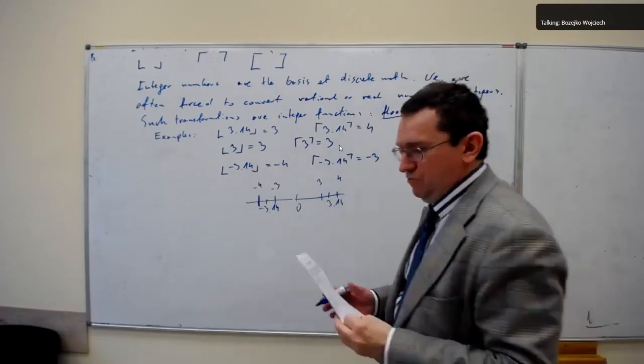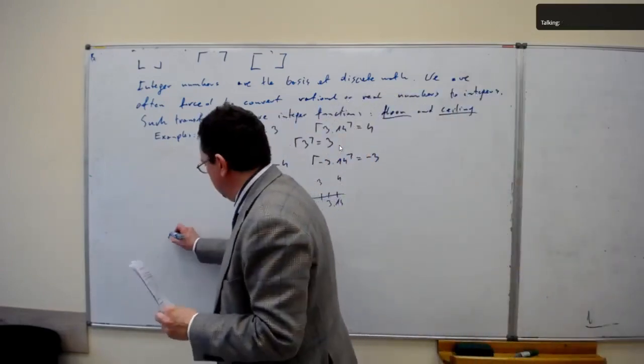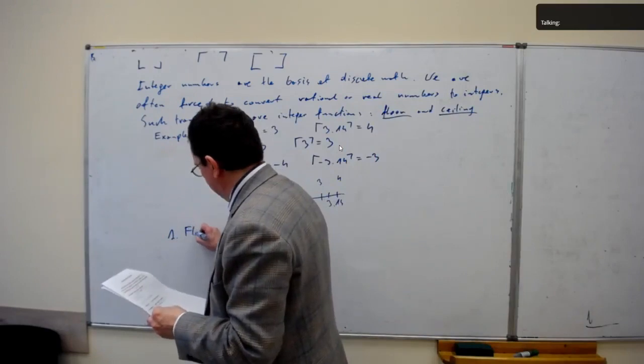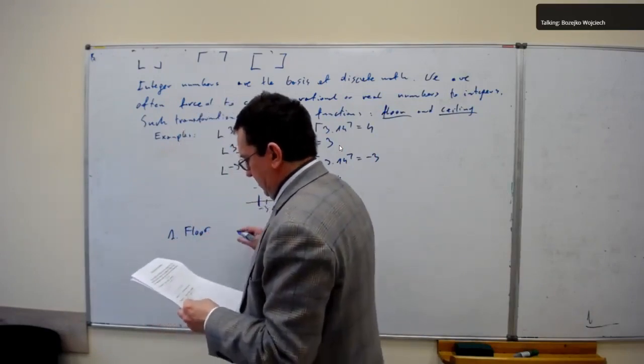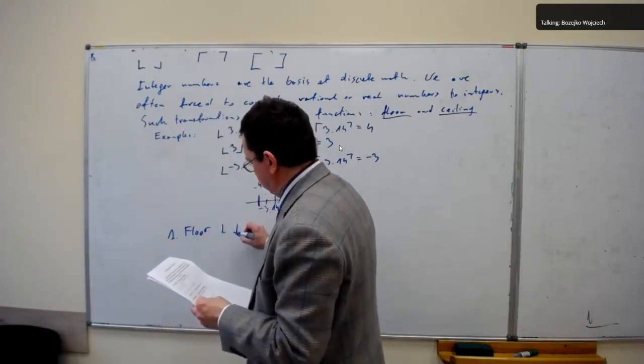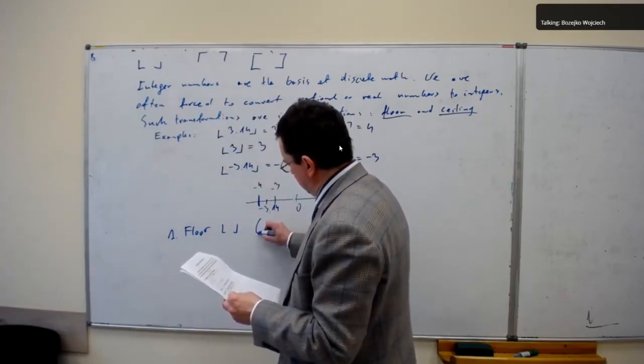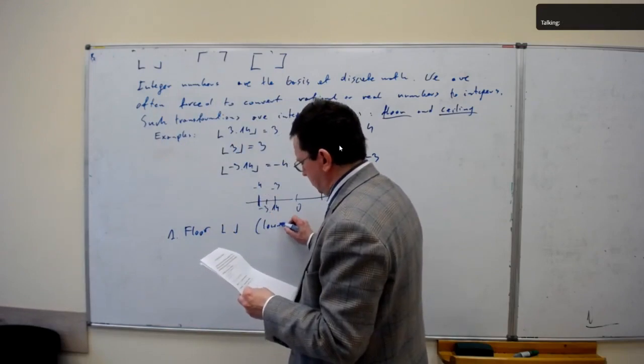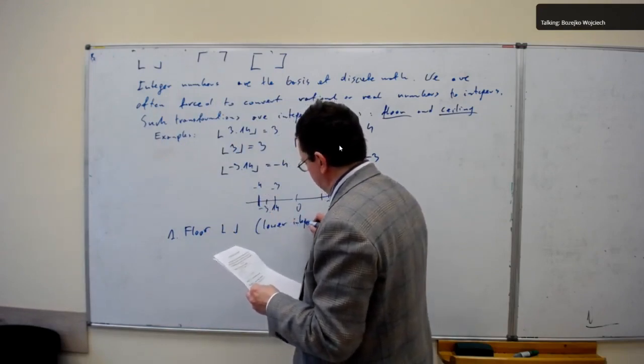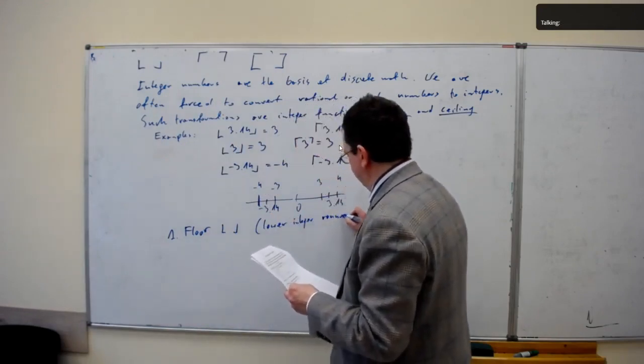So the floor function. The symbol is like this. This is lower integer rounding.